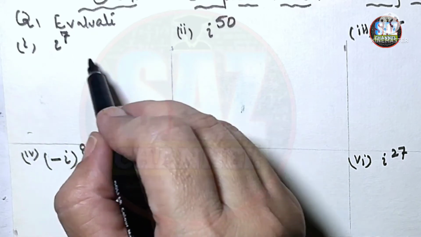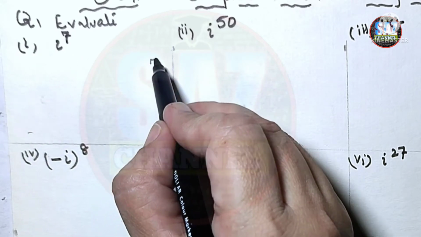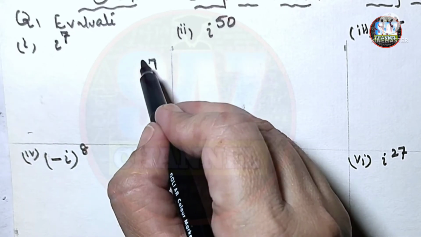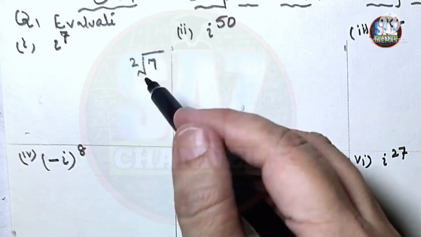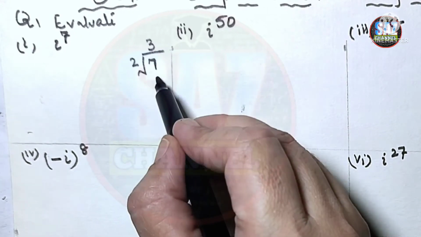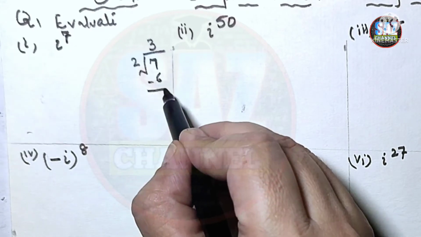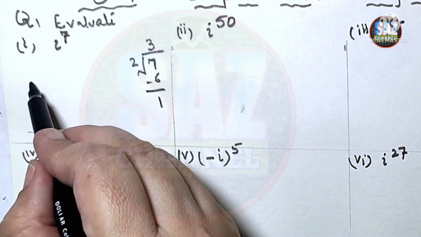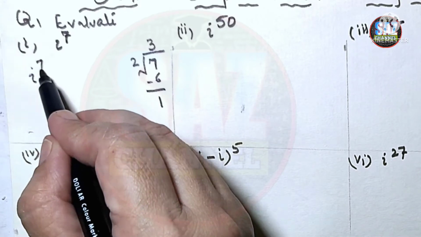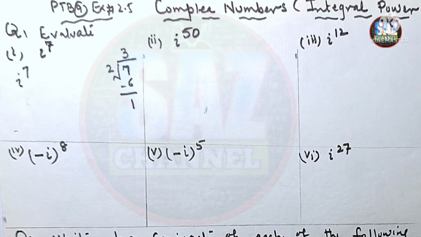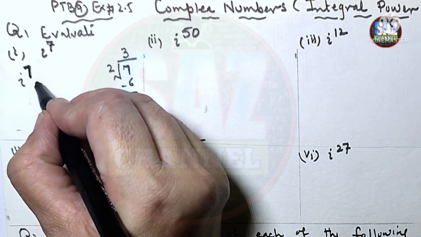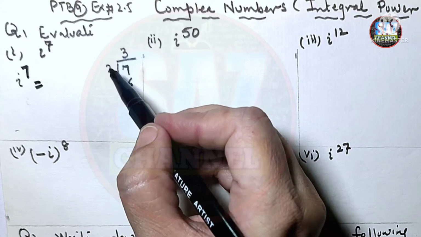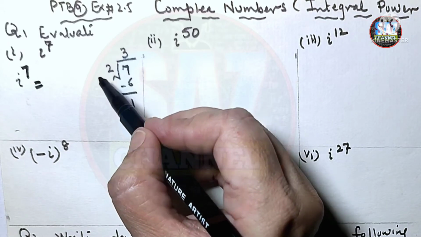Whatever is the number given to us, I have to divide that number by 2. 2 3s are 6 and the remainder is 1. So it means that iota raised to power 7 will be equal to what? Now look, this is the divisor.